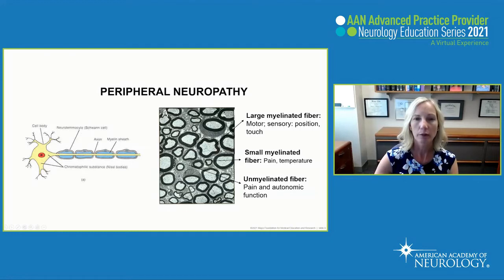We also want to think about which types of nerve fibers are involved. Just to review, we have our large myelinated fibers, which do motor and large fiber sensation like vibration and position. We have our small myelinated fibers that do some pain as well as temperature, and our unmyelinated fibers, which are pain and autonomic.